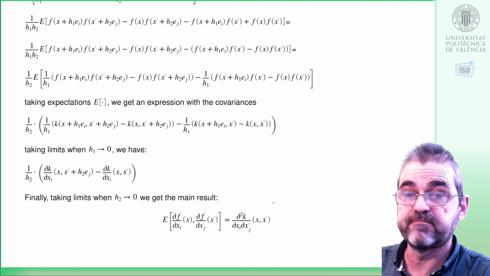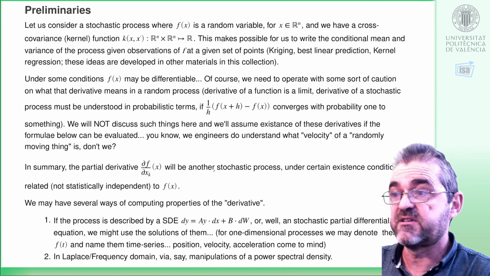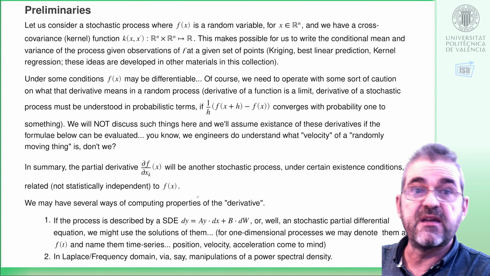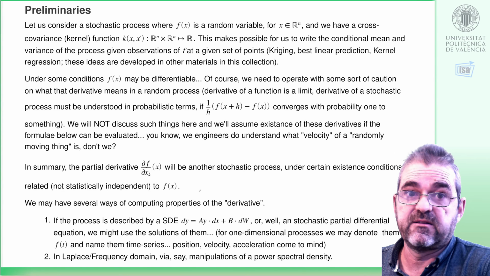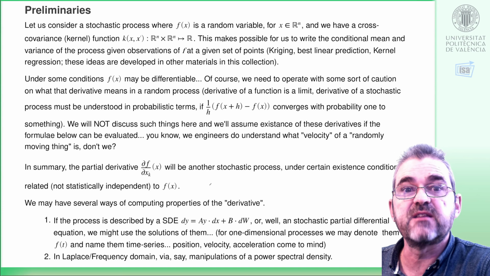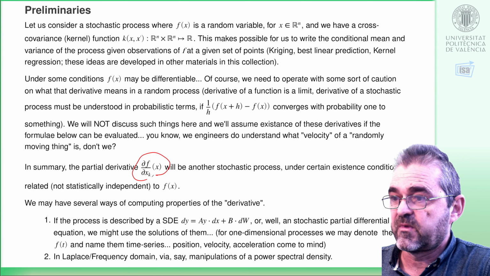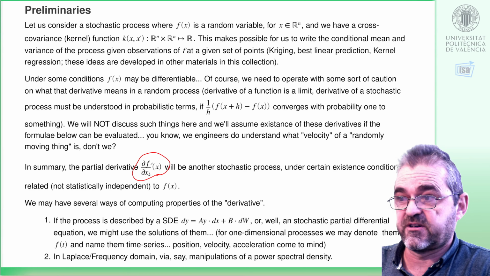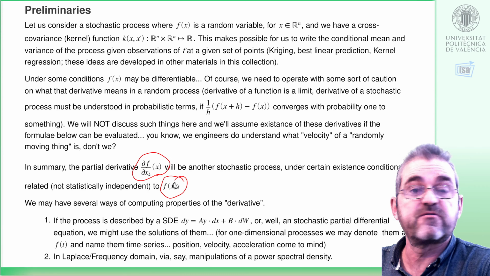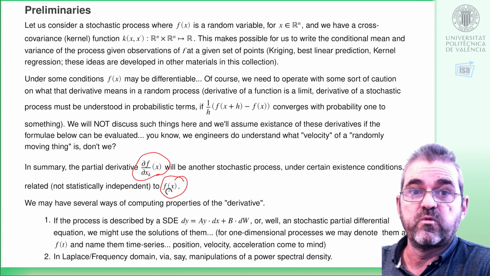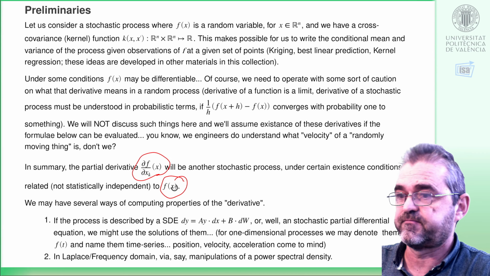So we will conclude. In this video, we have discussed that measuring velocities, partial derivatives, may be useful in some applications, or, well, measuring positions, I can estimate velocities. So the partial derivative of a stochastic process will be another stochastic process with some covariance, some statistical correlation with the originating process.